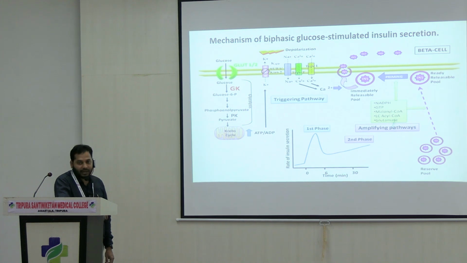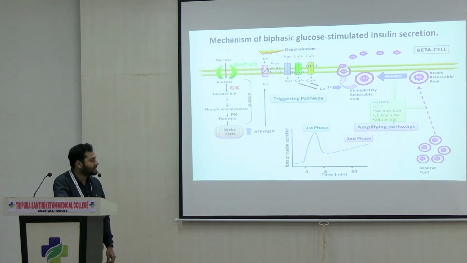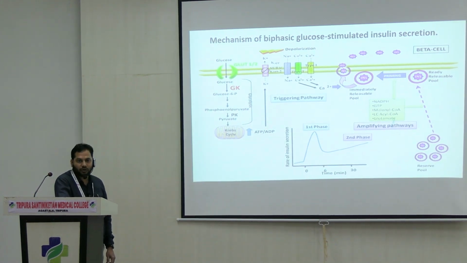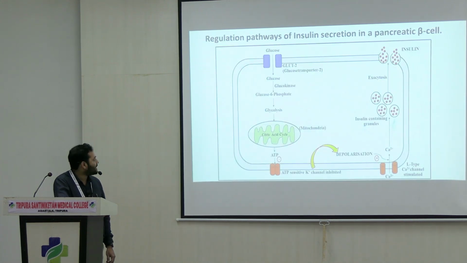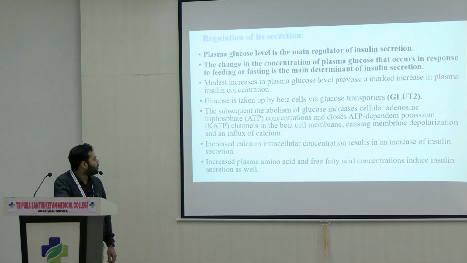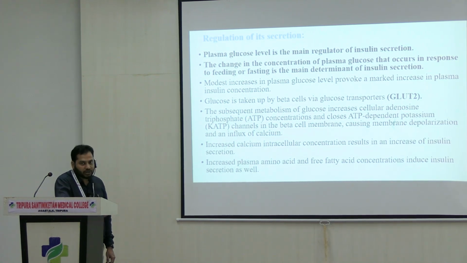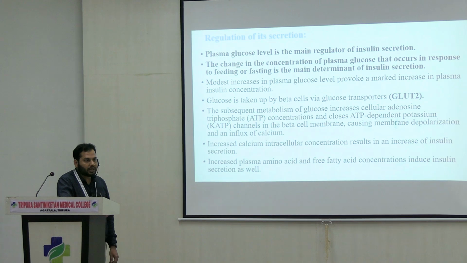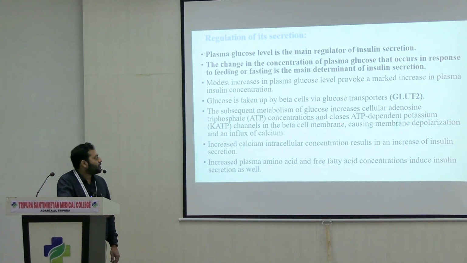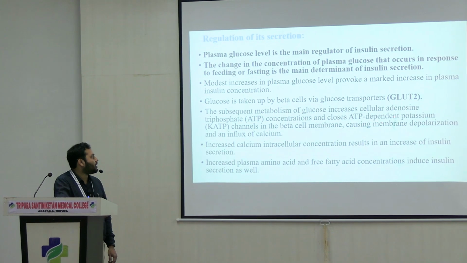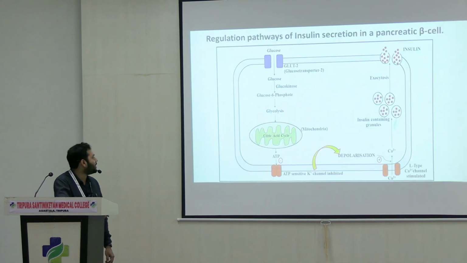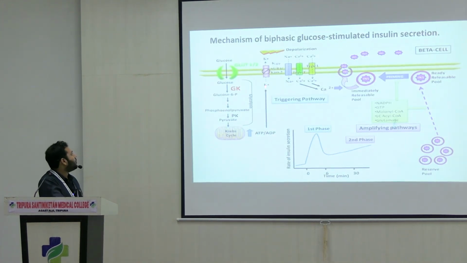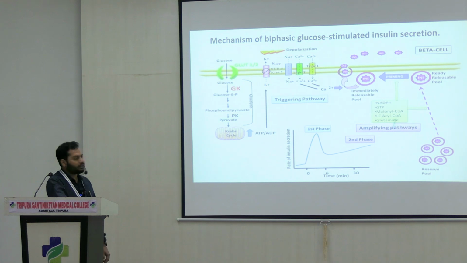Ultimately, it produces ATP. Now, the level of ATP is higher in the beta cell cytoplasm. So, as I have mentioned here, the subsequent metabolism of glucose increases cellular adenosine triphosphate concentrations. Once there are changes in ATP, it alters the activity of the potassium channels. See here, this blocks the potassium channels, right?